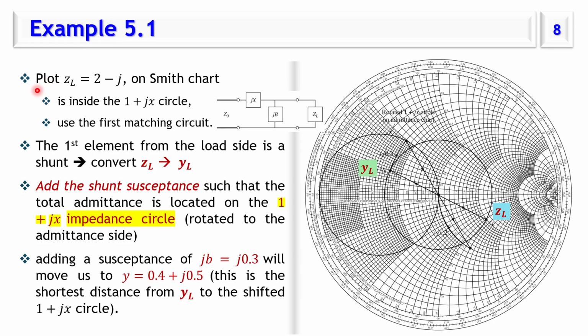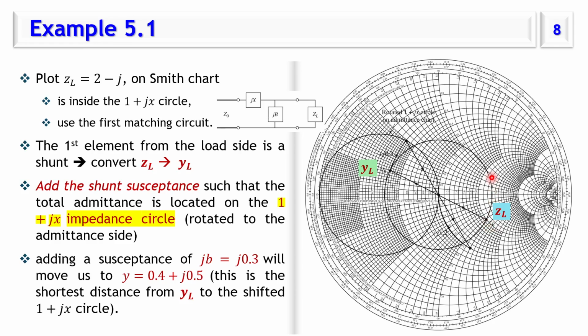First we find the relative impedance, small letter z for relative impedance, which is 2 minus j. On the Smith chart, 2 would be this circle, minus j is this arc, so the intersection is zL.